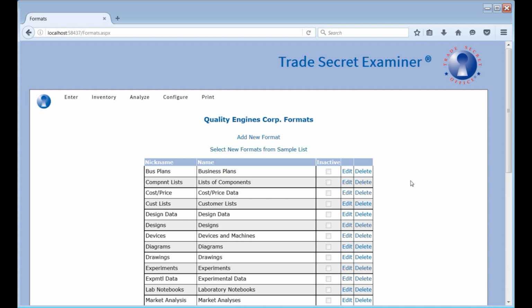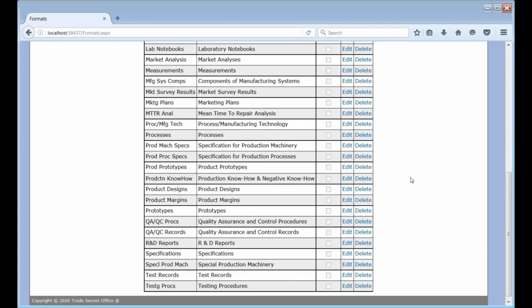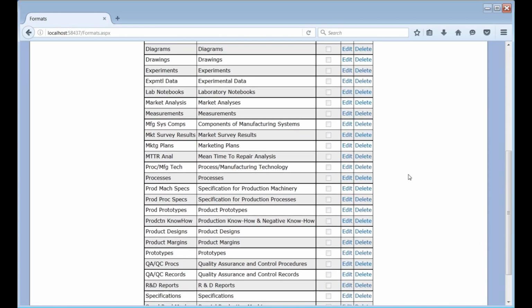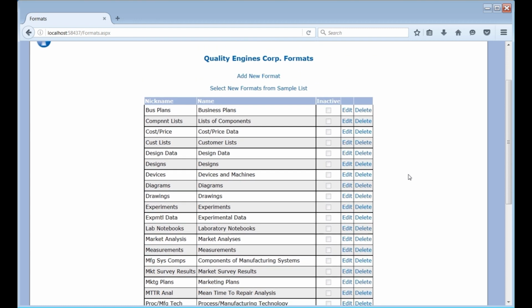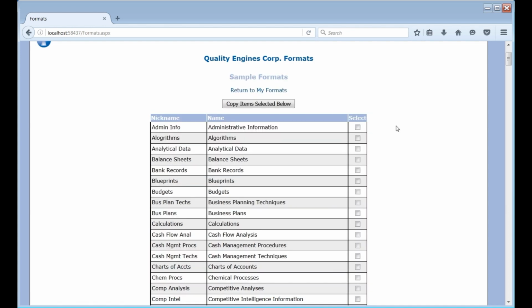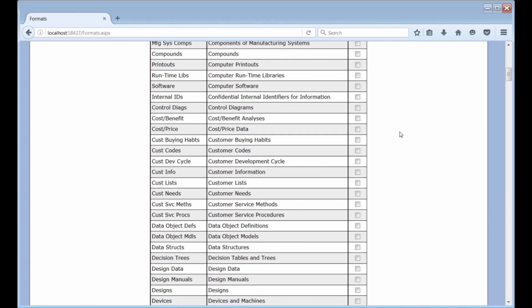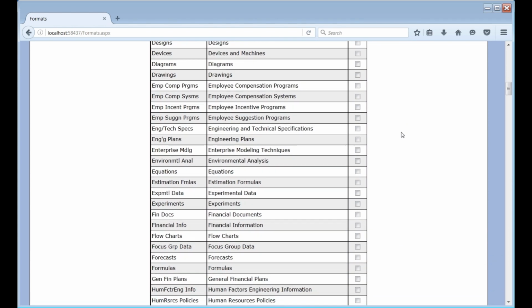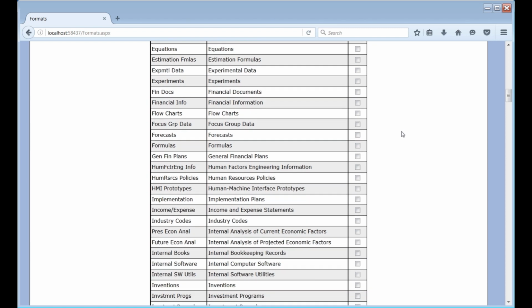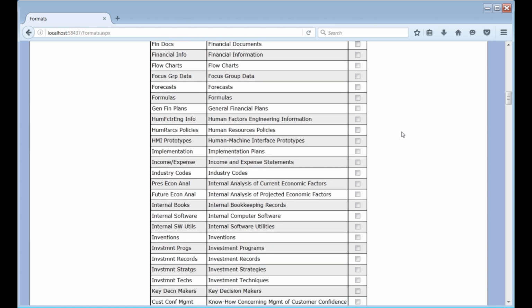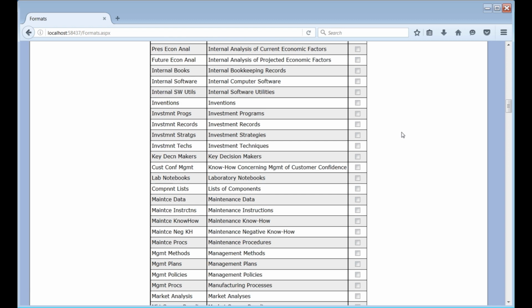Formats, the same thing. These are the different formats that our trade secrets can have. In terms of what is the trade secret itself? Well, it's a business plan, or it's a list of components, or it's cost and pricing data. Again, this looks like it would be hard to set up, but we have 200 formats in the system that you can select from and simply put those into the system.